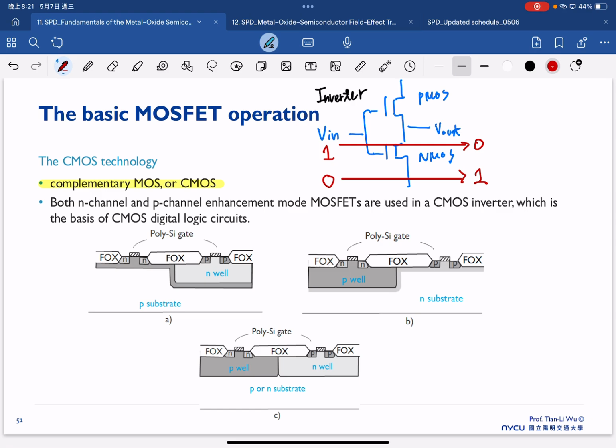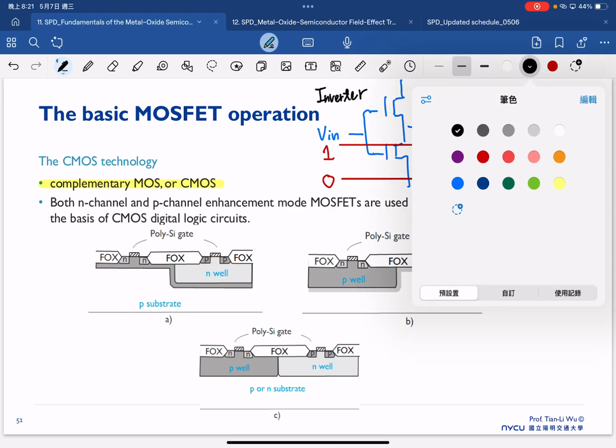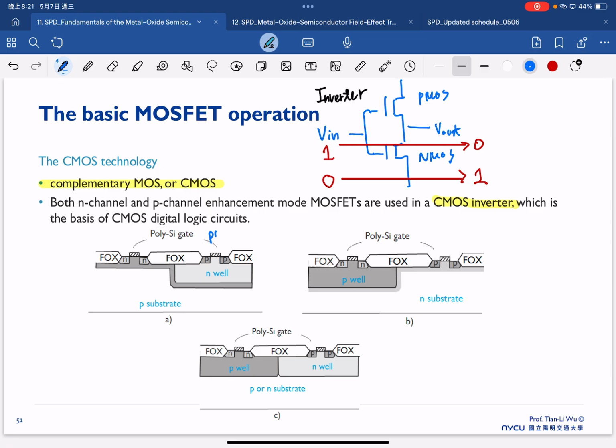That's the purpose of the CMOS inverter. To realize an inverter, we need to fabricate the PMOS and NMOS side by side. There are several possibilities. Just like this one, we have a P-type substrate and an N well. So in this case, we have a PMOS here and an NMOS here.